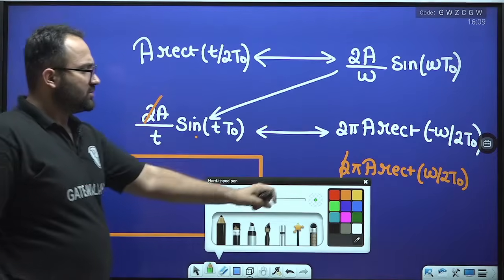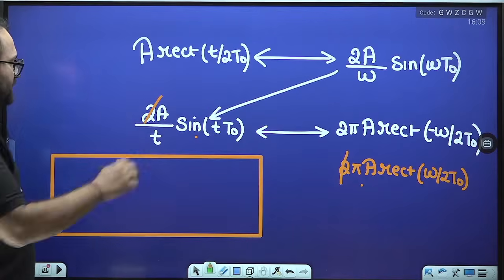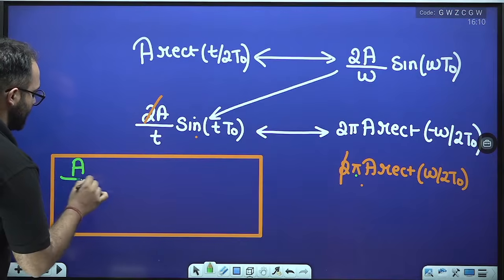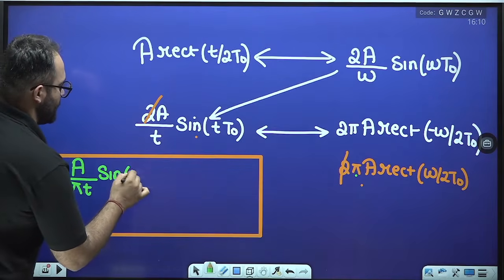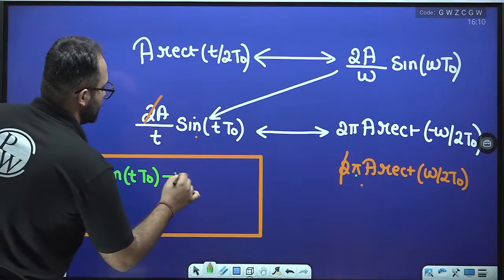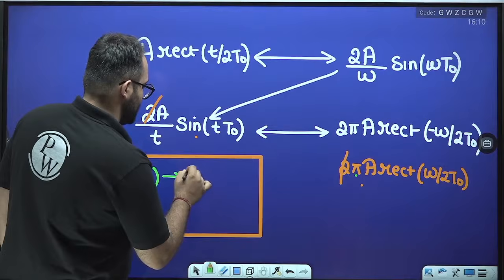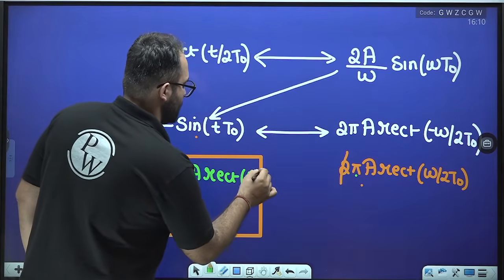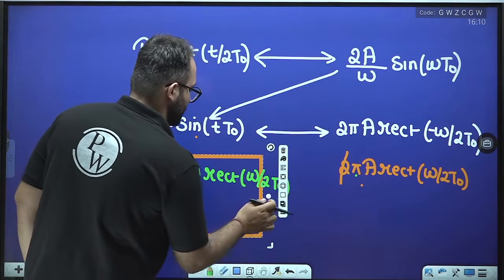So the result is, if we take this pi down, A upon pi t sin of t naught t has Fourier transform A rect of omega by 2 t naught. This is the Fourier transform.